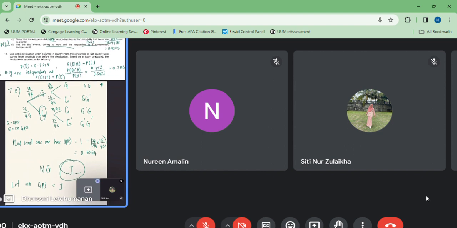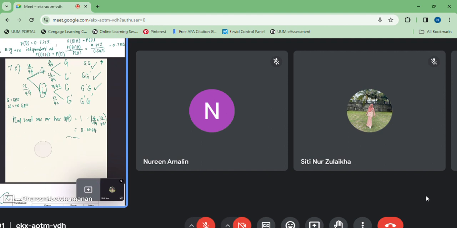And what they said, at least one car has GPS, right? At least means more than one or one. So this one, and this one. You can do the times method like this lah. It will be 18 over 44 times 17 over 43 plus 18 over 44 times 26 over 43 plus 26 over 44 times 18 over 43.